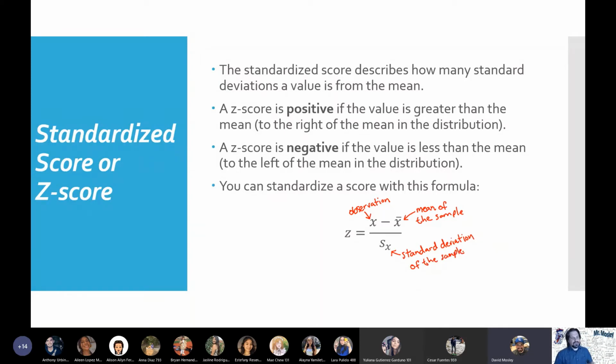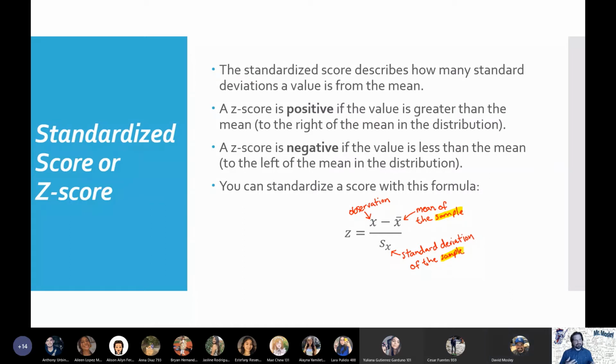And we have to have this sample, saying that this is of the sample, unless we're told that this is for the population, in which case we would use different notation indicating that we have the mean for the entire population and the standard deviation for the entire population.